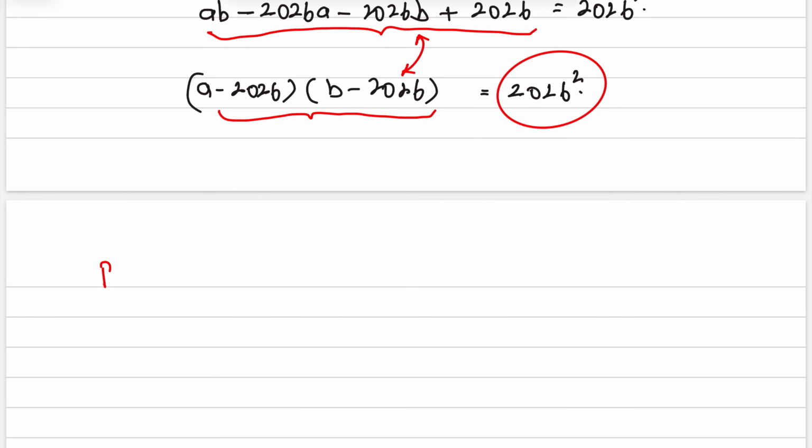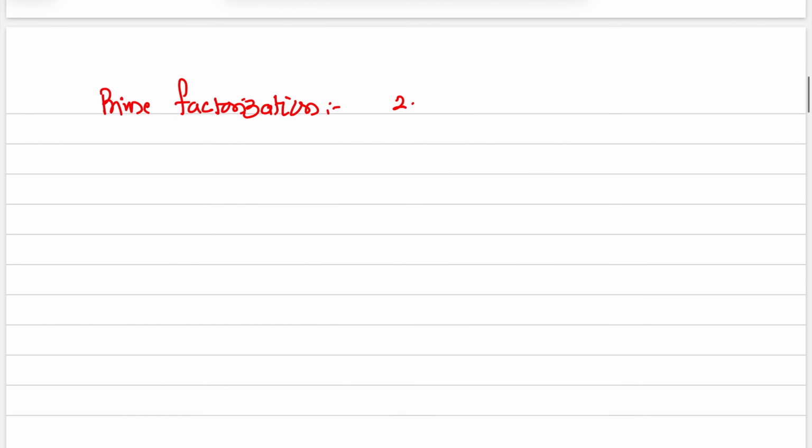Now we will use prime factorization. That principle we will use here. 2026 is equal to 2 into 1013. Is 1013 a prime or not? We will see now. And what will be the value of 2026 whole square? That is equal to 2 square into 1013 whole square.